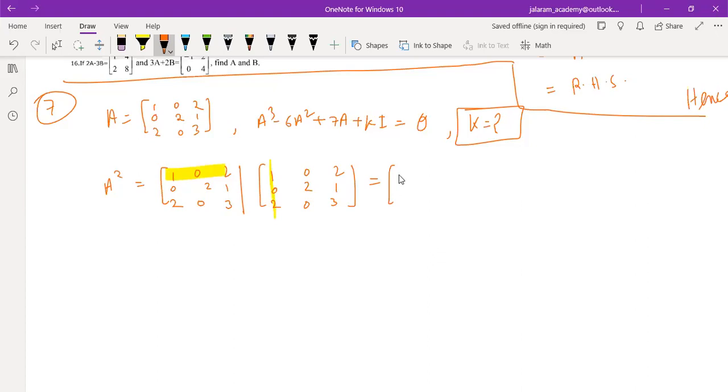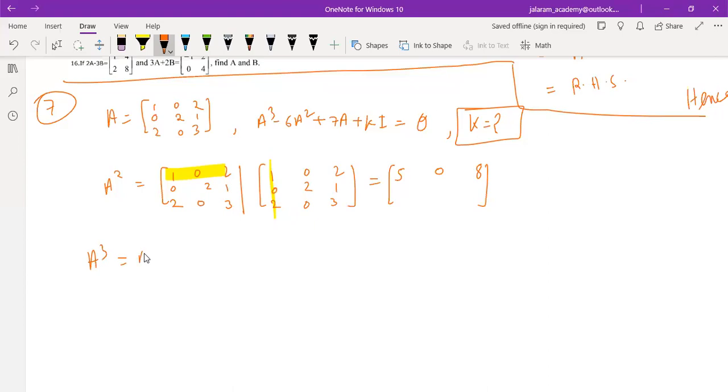We will get 5, 1 plus 4, 5. Next is 0. Next is 2 into 4, 2 ones are 2 plus 0 plus 6. Correct? So it will be 8. Similarly, you can find the others also.